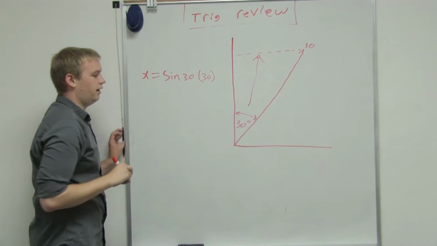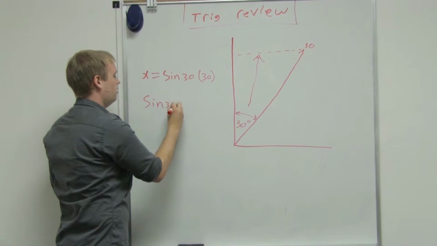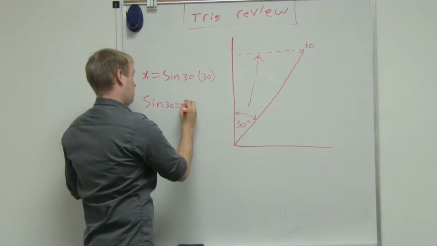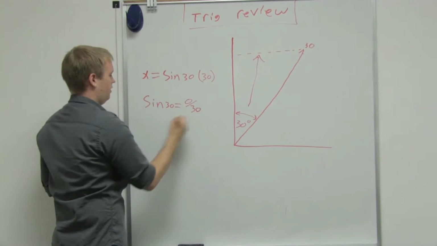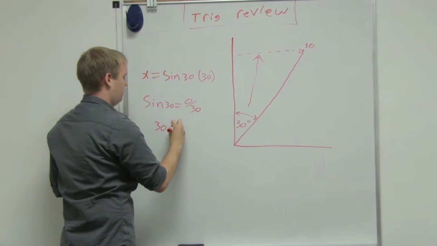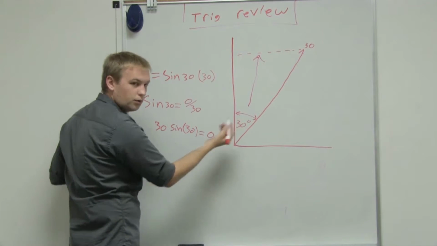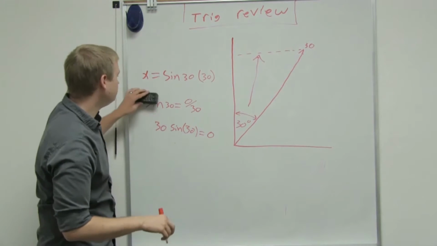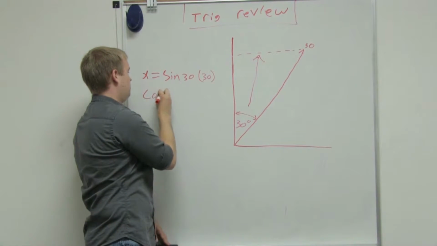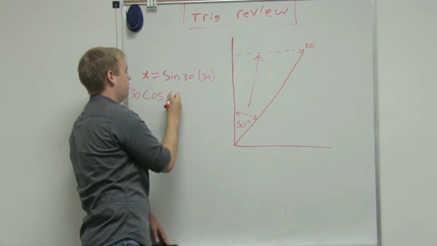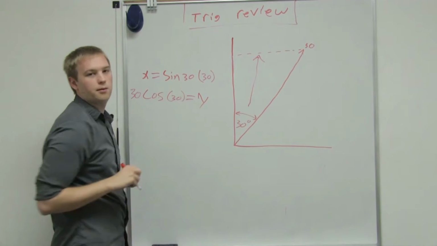I'll show you really quickly. If we have sine of 30 equals opposite over hypotenuse, we know our hypotenuse is 30. Just doing some algebra, we get 30 sine 30 equals opposite, or x in this case. And then if you want to get the y component of this, you just take cosine: 30 cosine of 30, and that will equal the y component.